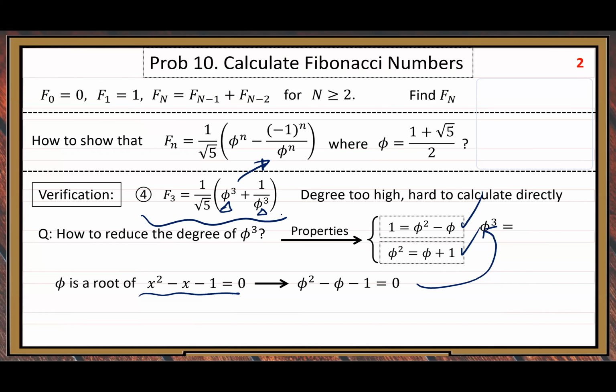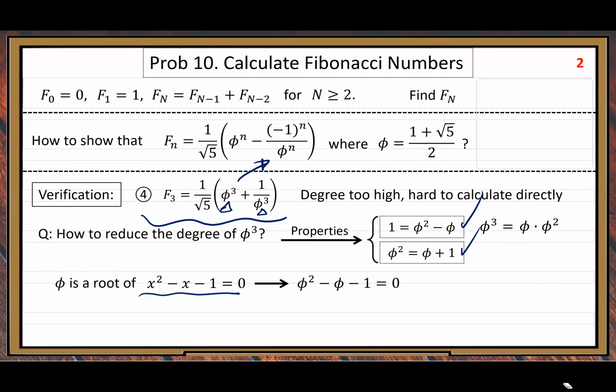In this step, first, phi cube. The degree is too high. To bring it down, let's split it. Phi cube equals phi times phi squared.